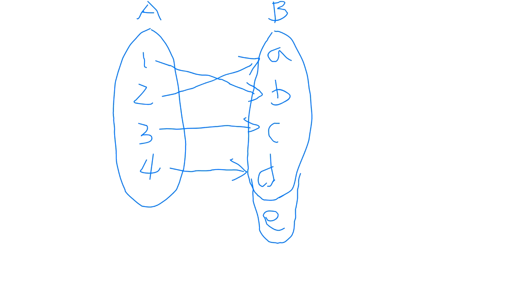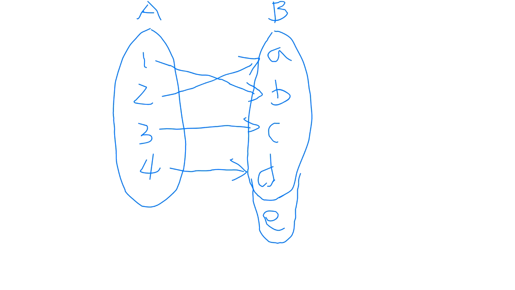Right. So can I think of injection from A's standpoint by saying each element in A must be mapped to only one? Well, no, that can't work. You're going to say that is what defines a function. If you were to have one element in A going to two elements in B, it would no longer be a function.